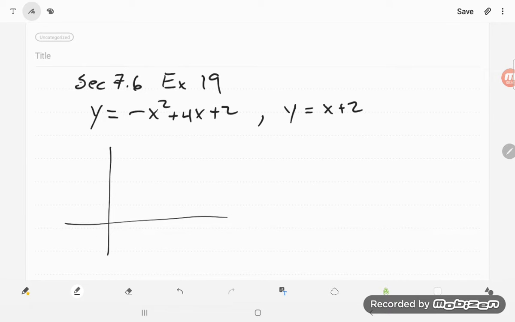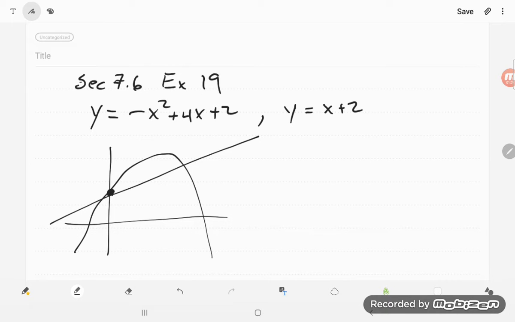The first one here is a parabola opening down that goes through 0, 2. And the second one is a straight line that also goes through 0, 2 with a slope of 1.